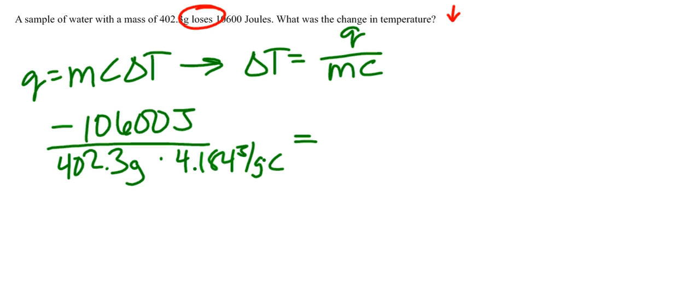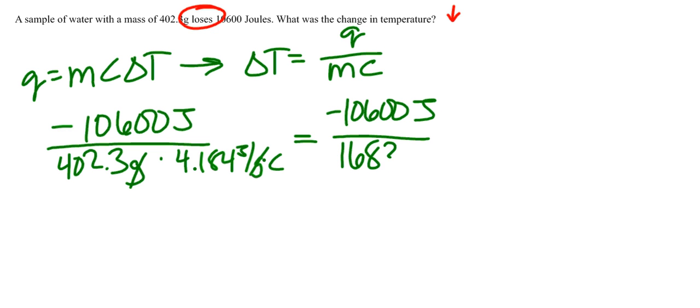Okay? So I do my denominator first, where my grams are going to cancel out. I'm going to end up with negative 10600 joules divided by, with 4 sig figs, 1683 joule degrees Celsius. My joules will cancel out when I do the math.